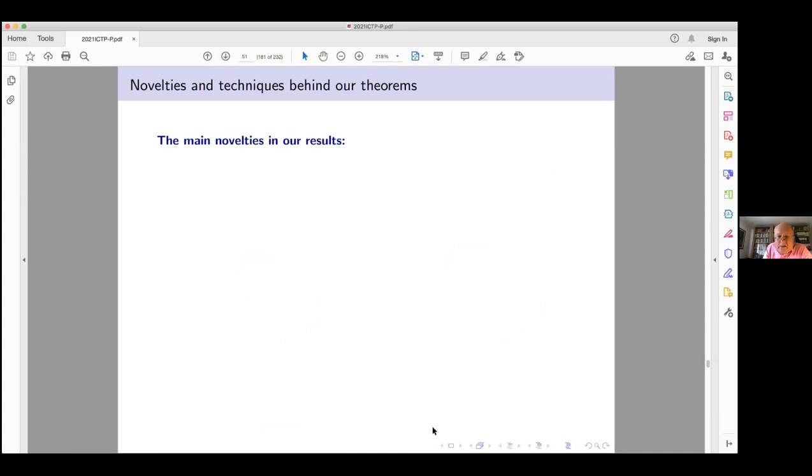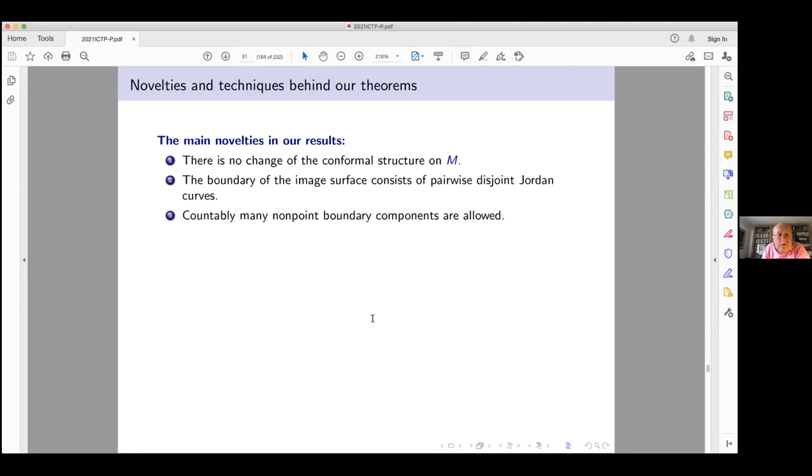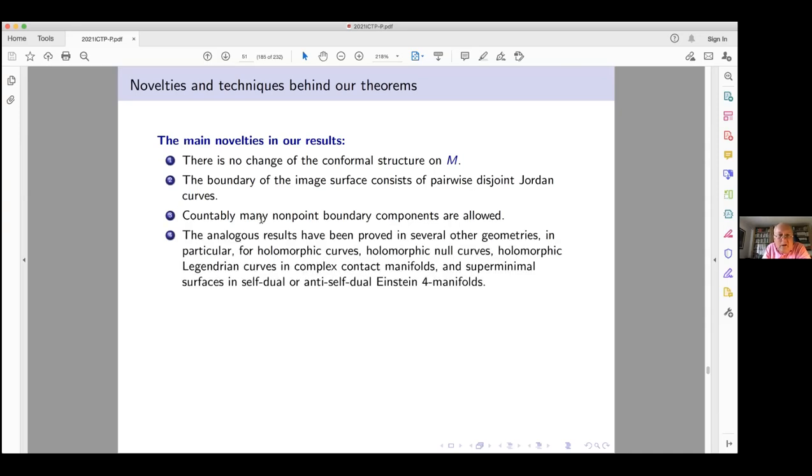All right. So the main novelties in our construction method, which I already outlined, are no change of conformal structure. The boundary consists of Jordan curves. Countably many boundary components are allowed.